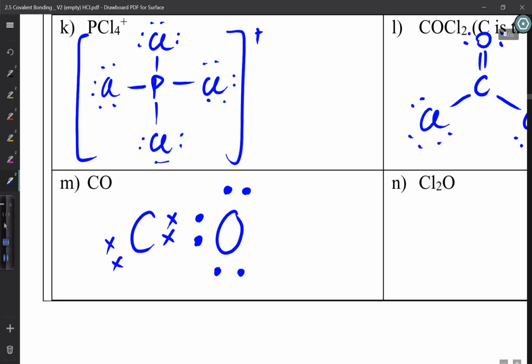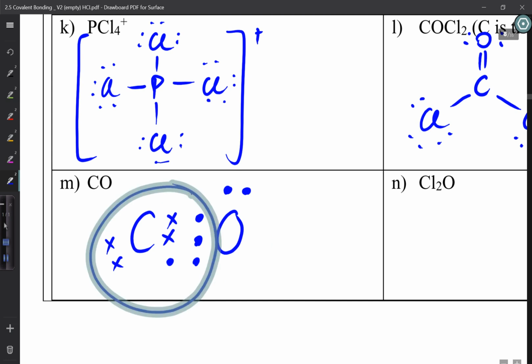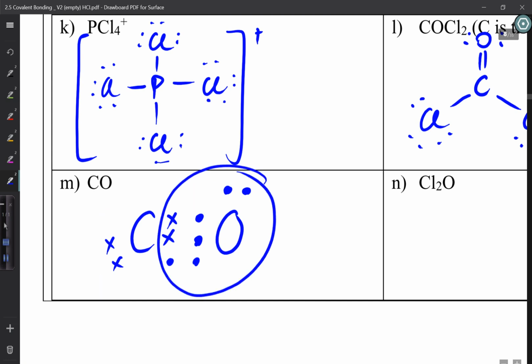So how are you going to interact with it? Basically, remember this oxygen still has 2 electrons over here. So what it can do is share both of these electrons with carbon. So once you do this, carbon has 8 electrons and this oxygen has got 8 electrons.